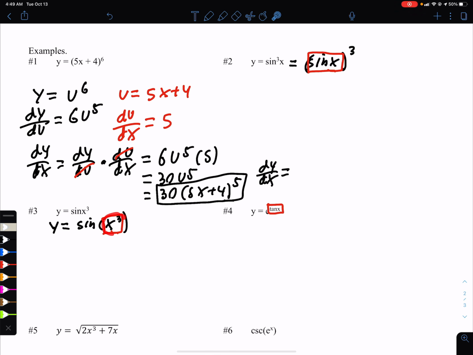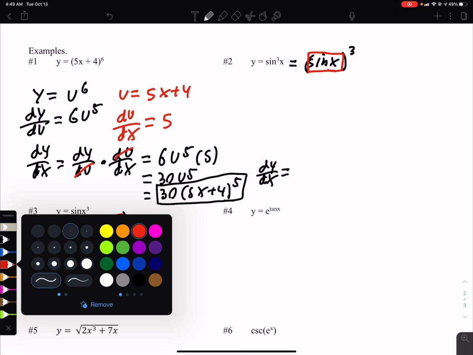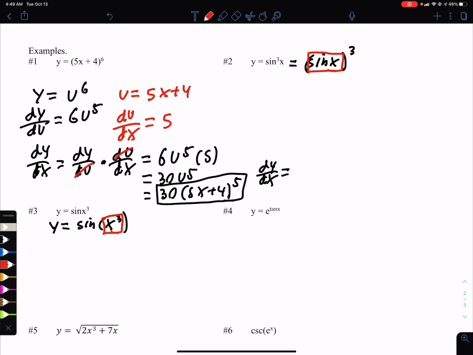Here, the x cubed is being acted upon by the sine. That's the inside function. And this last one, I should make a thinner line here because it's kind of hard to see what's going on. That tan x is being acted upon by the e. It's e to the tan x. So tan x is the inside function there.